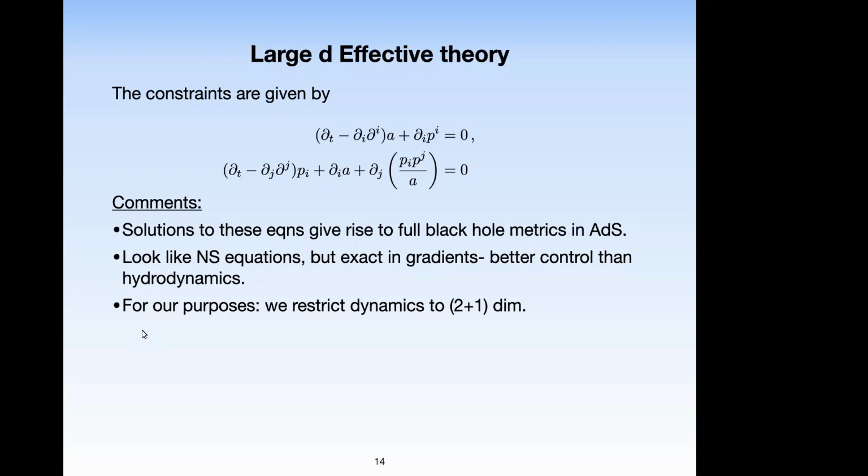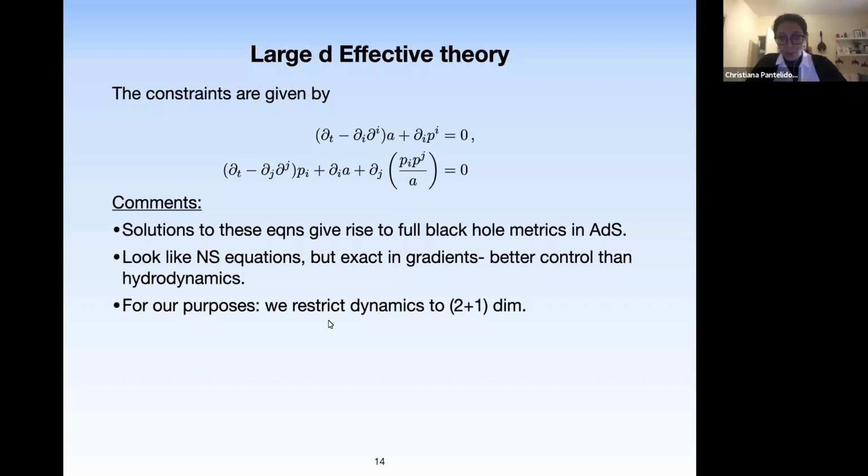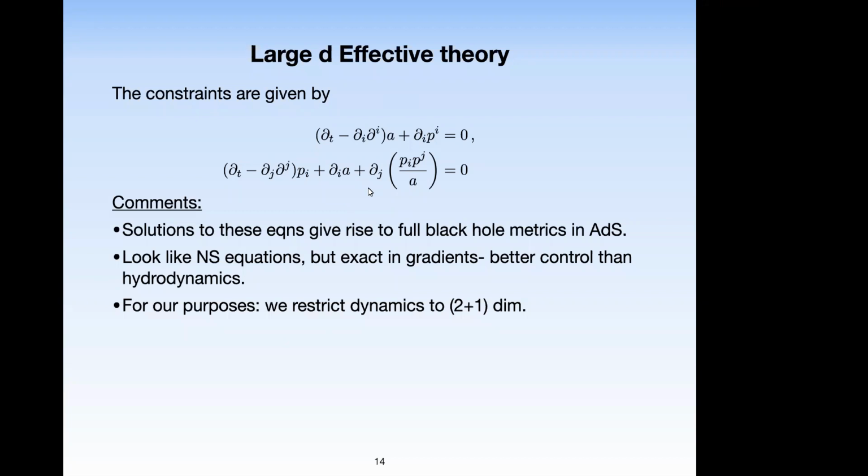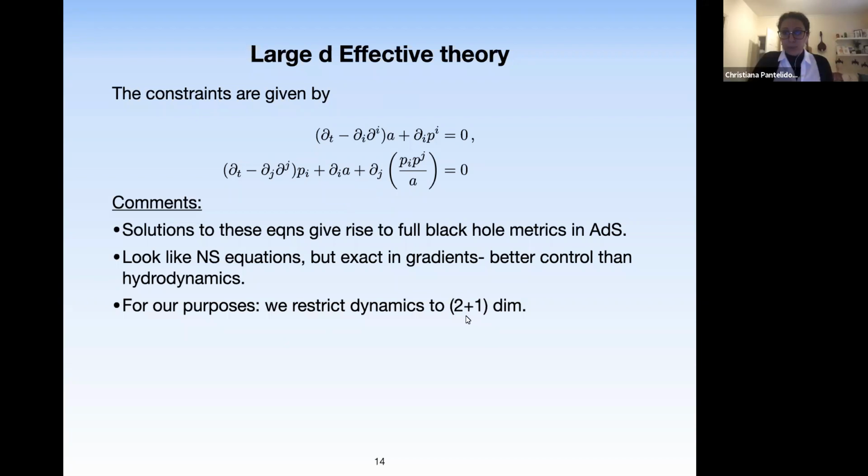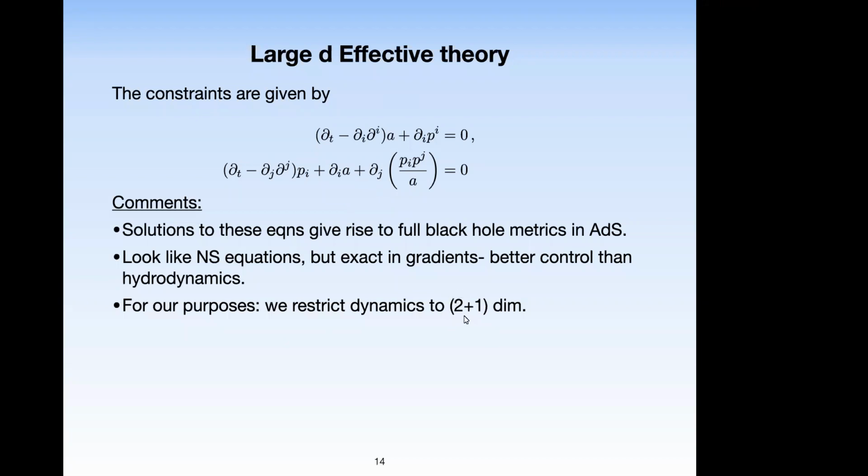Yeah, maybe I should have been a bit more explicit. The whole calculation that we did was at leading order in the large D expansion. But when it's asymptotic, how can you be sure that it still works in 2 space dimensions? You're referring to this 2 plus 1? Yeah.